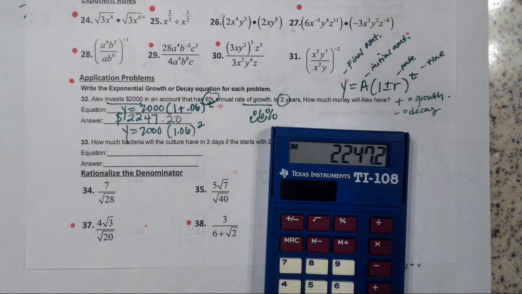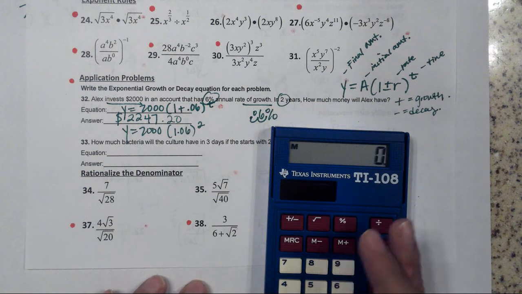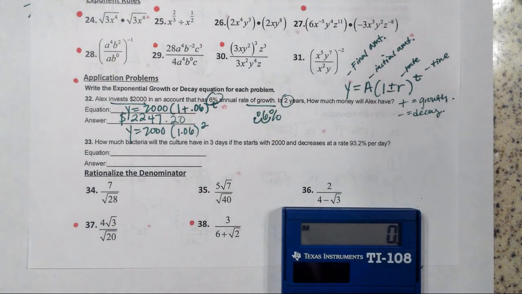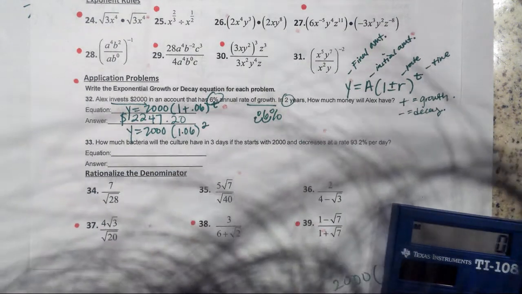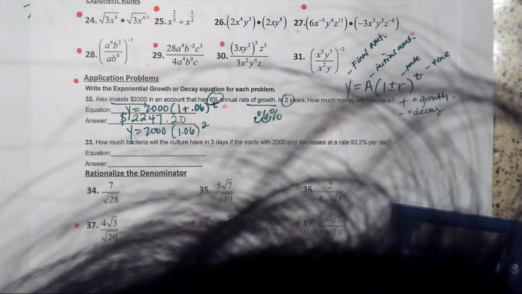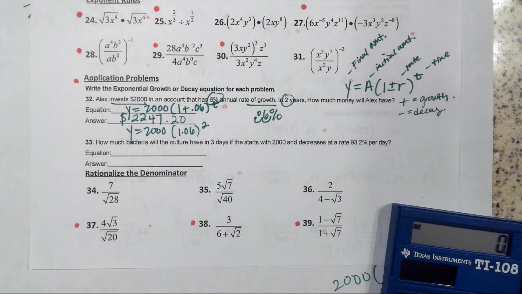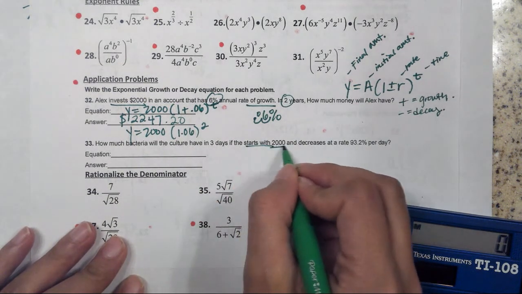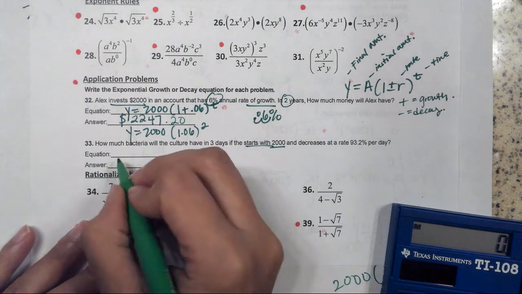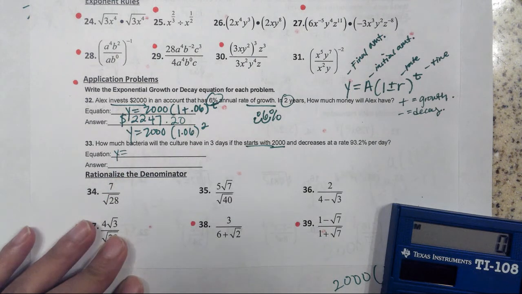That was my answer. So now let me go to the second problem. It says, how much bacteria will the culture have in 3 days if it starts with 2,000 and decreases at a rate of 93.2% per day? Same thing. Your starting amount is 2,000. Usually bacteria is measured in grams. They forgot to put grams, but that's okay.